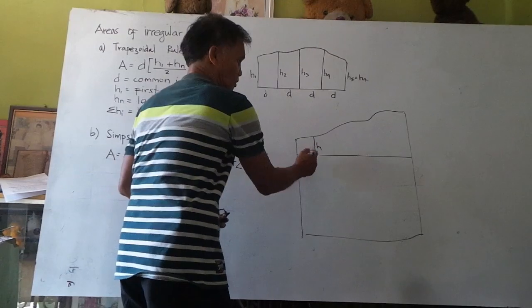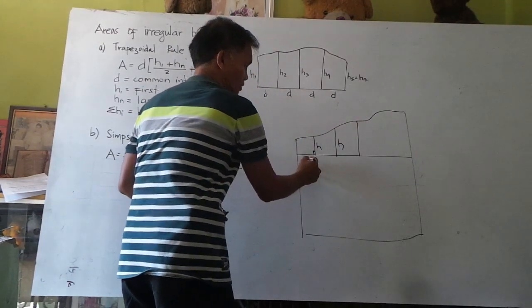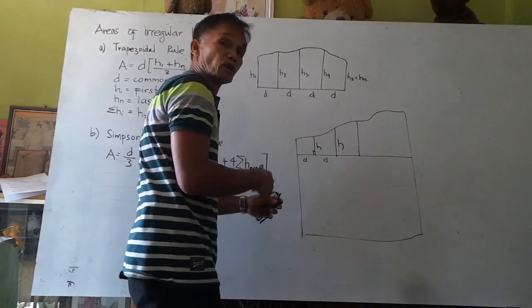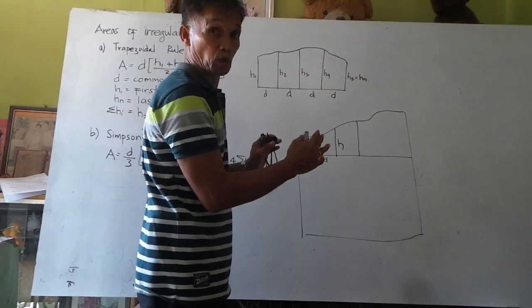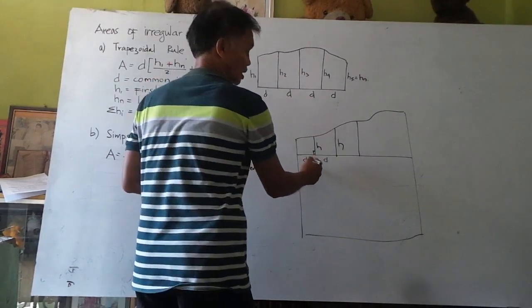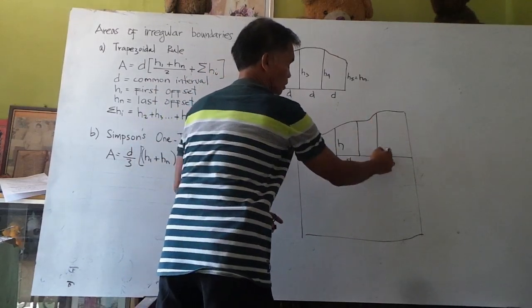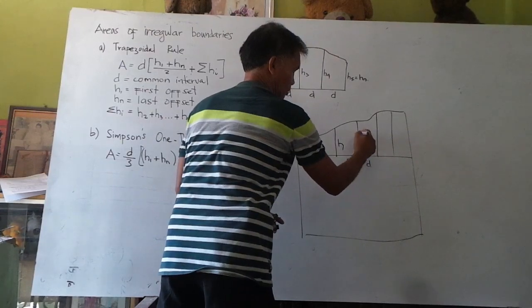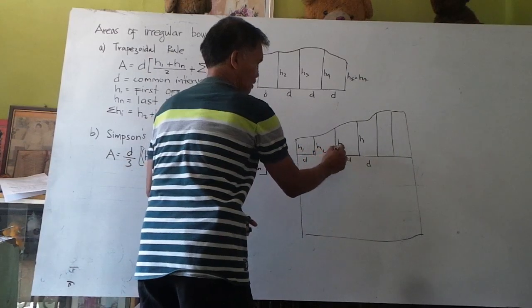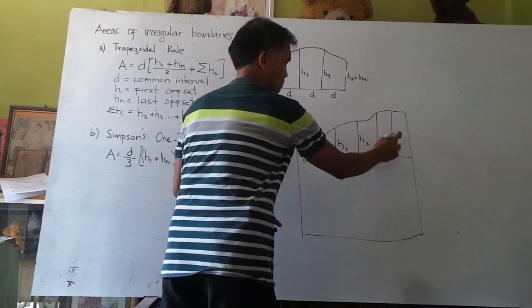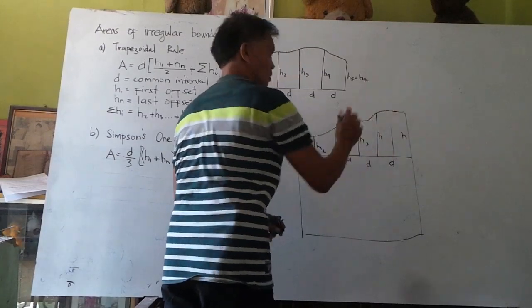These are the offsets. You then make your offsets with equal distance, or an equal interval. So on and so forth.